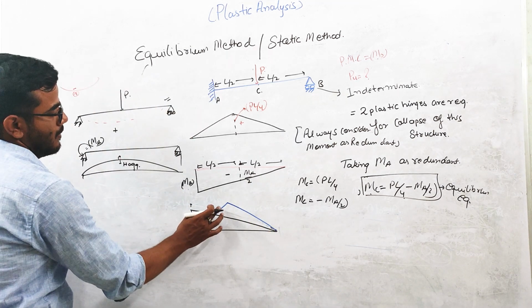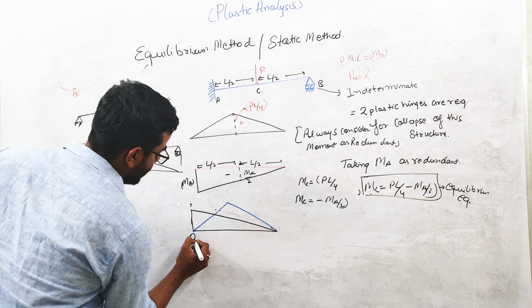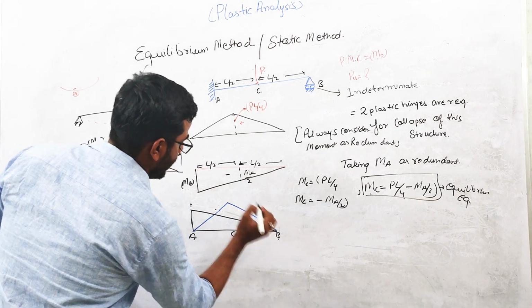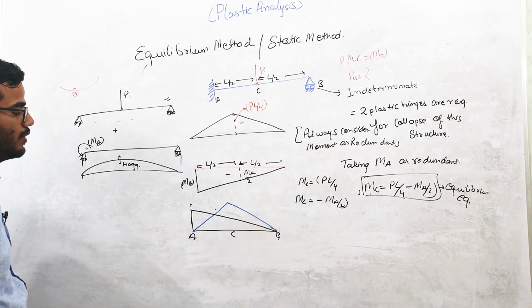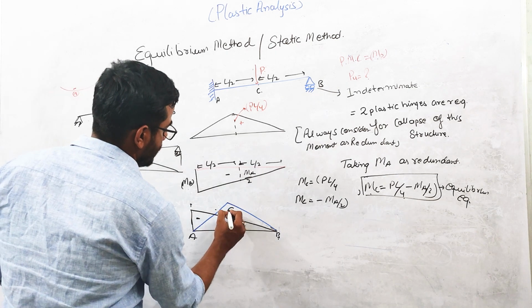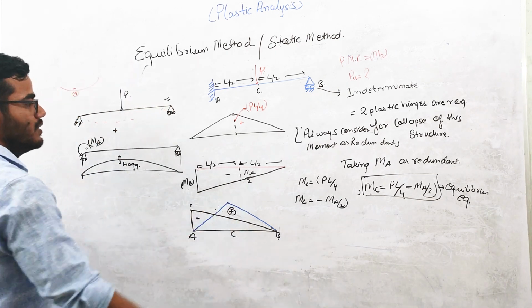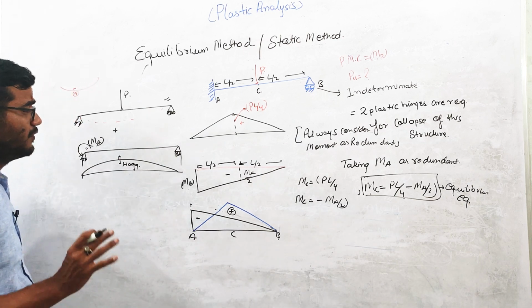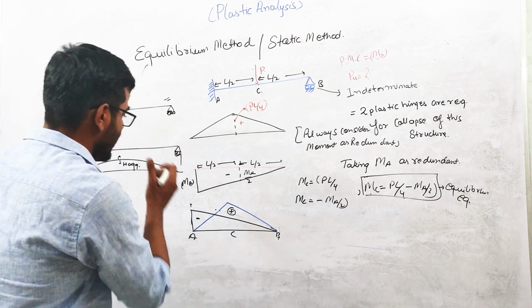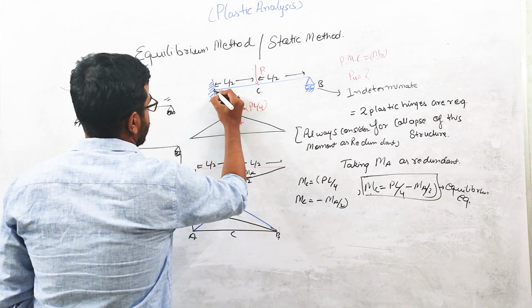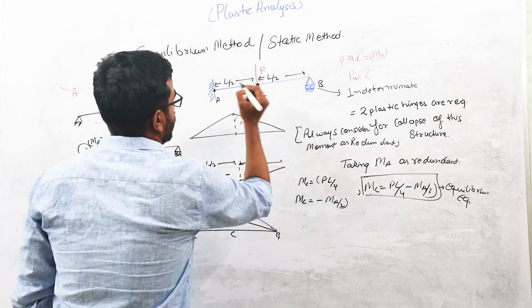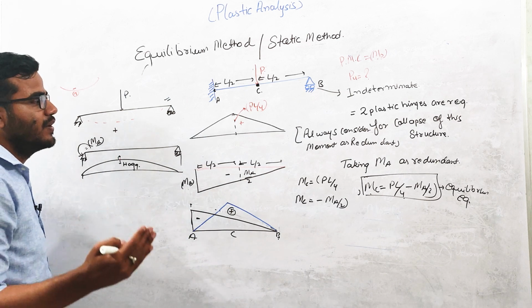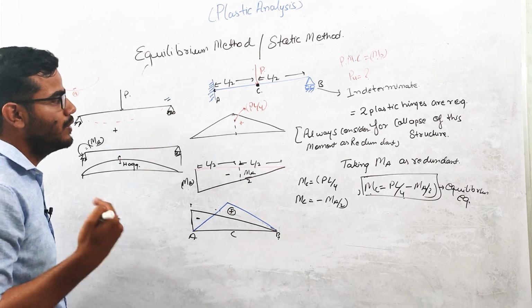So this is A point, this is C, and this is B point. If you combine these two bending moment diagrams, here this is negative, this is positive. These portions will cancel out each other. Now for the collapse of the structure, we need to have two plastic hinges, and the plastic hinge will form at this A point and this C point. We are not bothered about the sequence of plastic hinges because we just need to calculate the collapse load.